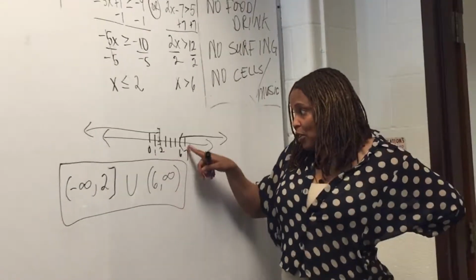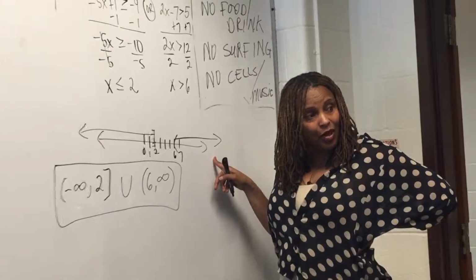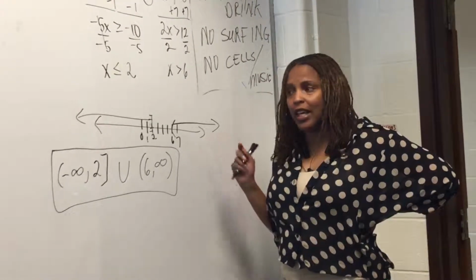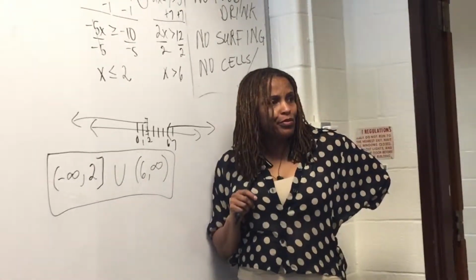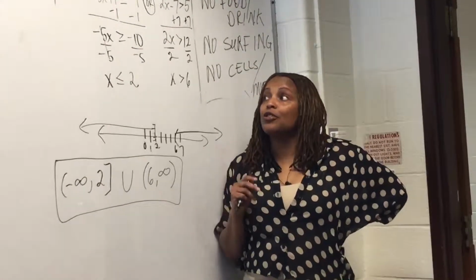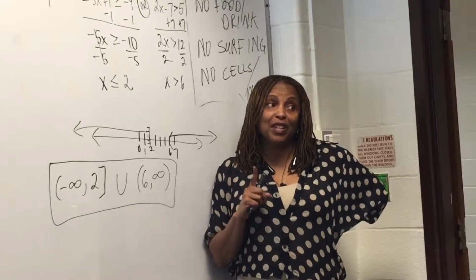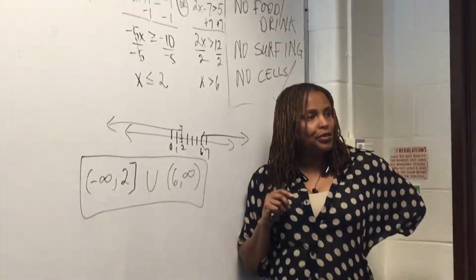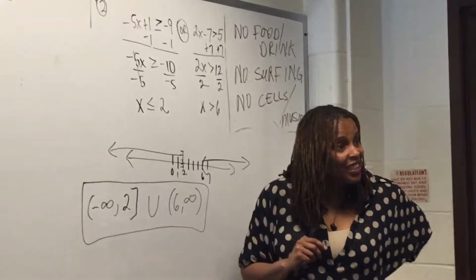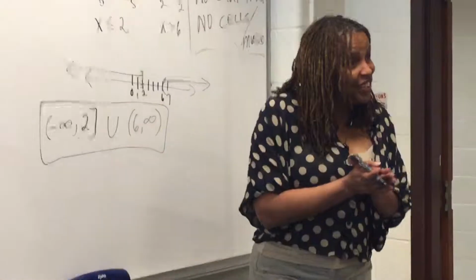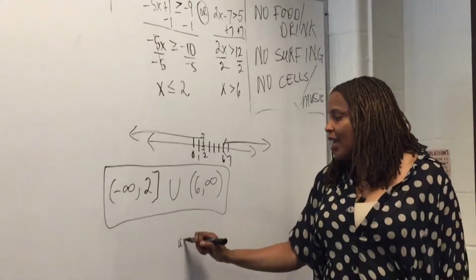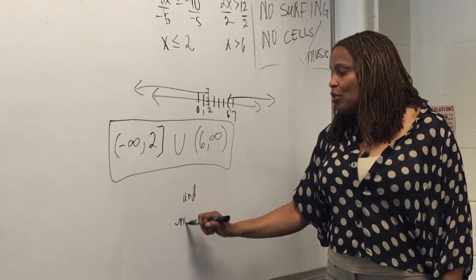So 2 is a part of this set? I'm not understanding. Why not? Because they're both positive numbers. I didn't ask you what positive numbers they have in common, right? I said what numbers do this set and this set have in common? Say it again? Perfect. None. If this was an and statement, your answer would be no solution.